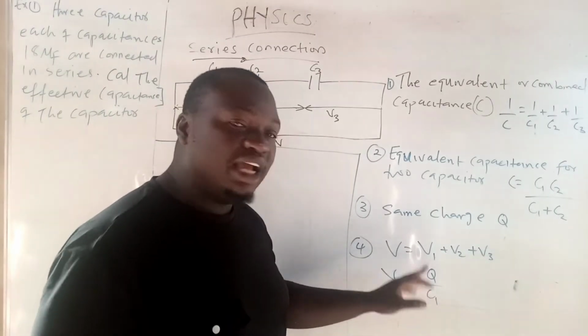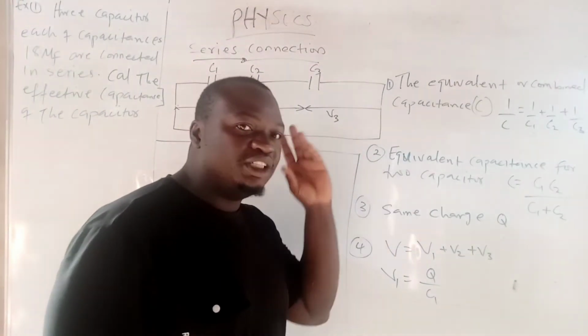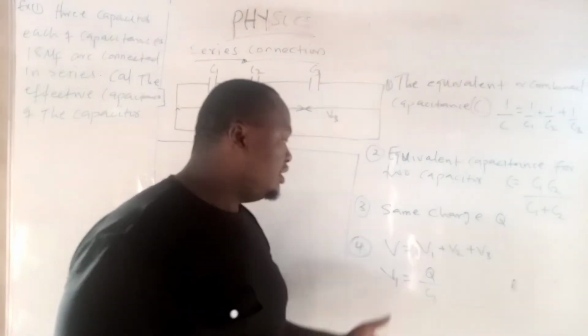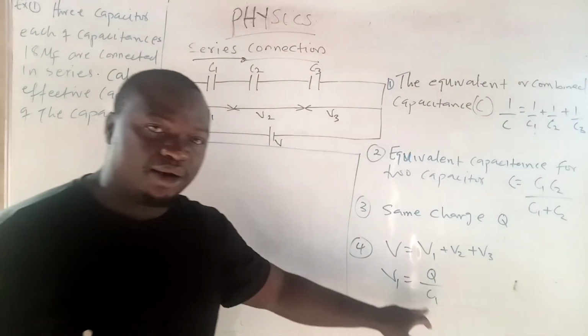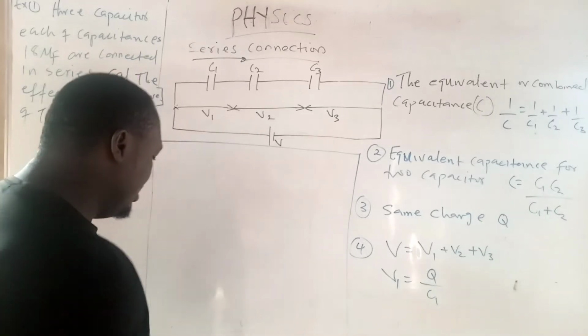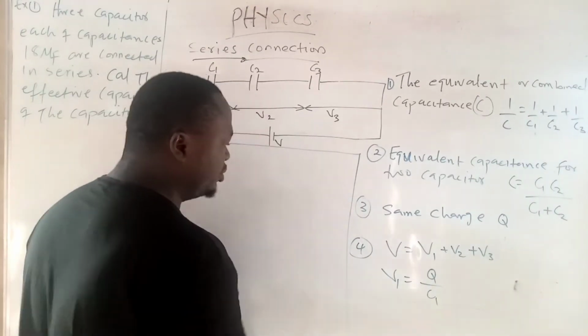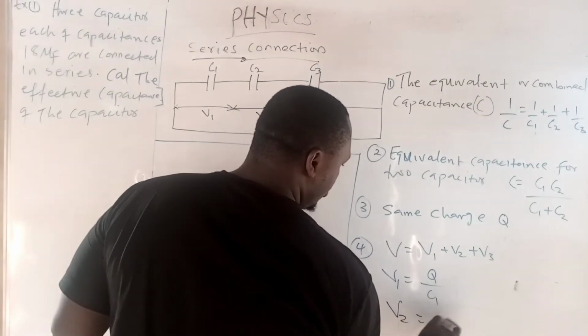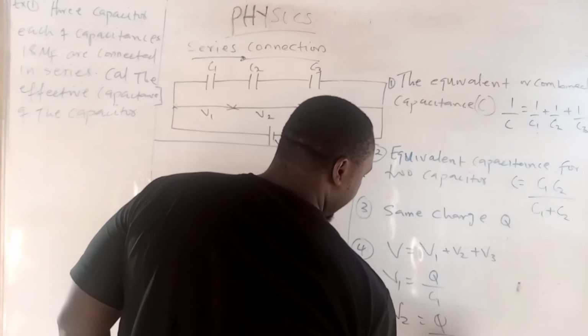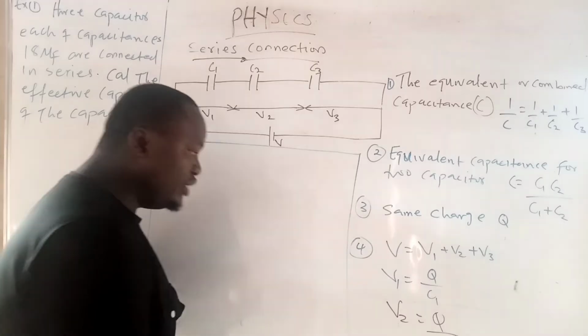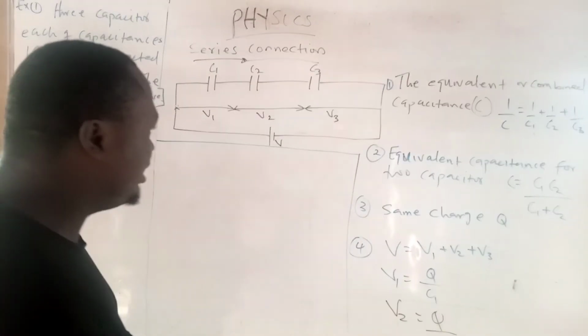You can see I already wrote Q, not Q1, because the charges are the same. But you can see that I wrote C1 because they have different voltages. The same thing applies if I ask you to get V2. V2 is Q all over C2. And if I ask you to get V3, it follows the same trend.